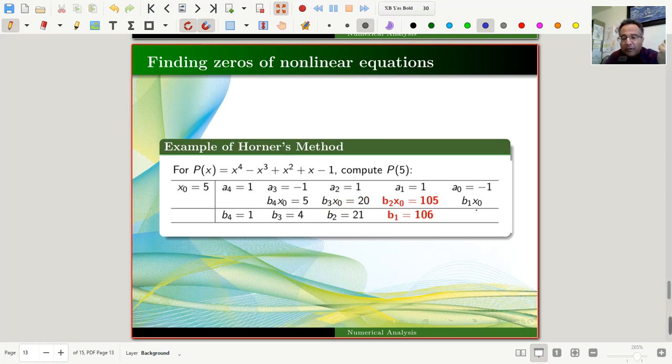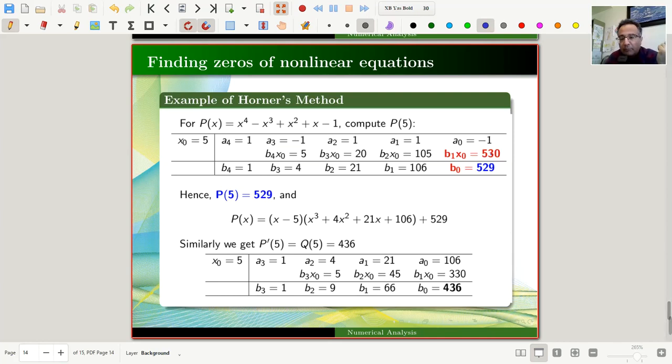Remains b0. You have to multiply b1 times 5, which is 530, and put it here, plus minus 1 is 529. Okay? And this one is p of 5. And we are done.